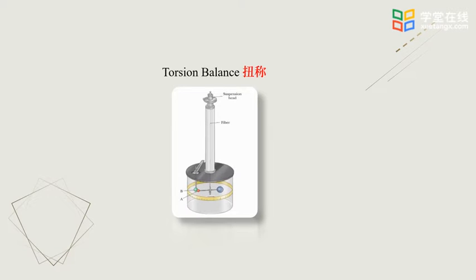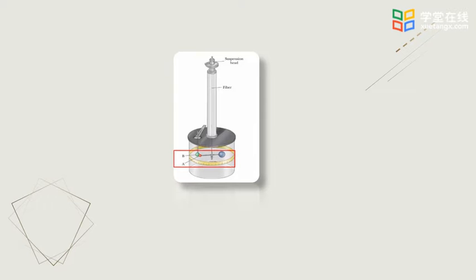By applying a torsion balance like this instrument, Charles Coulomb measured the magnitudes of the electrostatic forces. Here are two charged spheres A and B. Here is the suspended fiber. Due to the electrostatic interaction between A and B, the two spheres attract or repel each other, causing the fiber to twist through an angle.